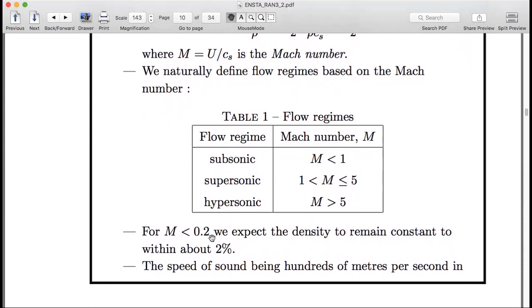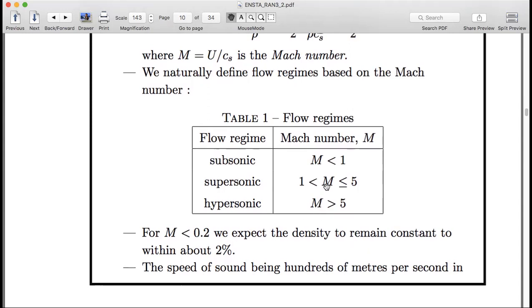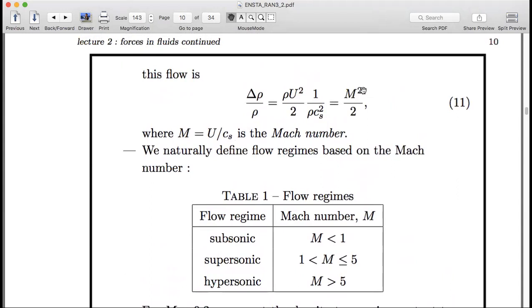And notice that even if our Mach number is 0.2, which is starting to sound quite significant, 1/5 of 340 meters per second would be 68 meters per second, which is quite fast. But there are two things here: a square.